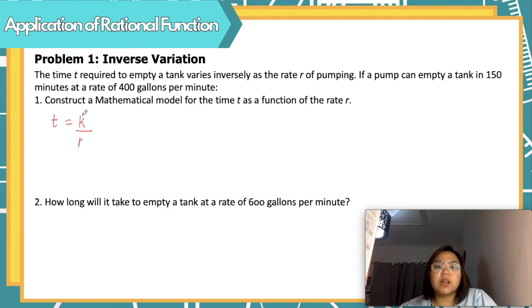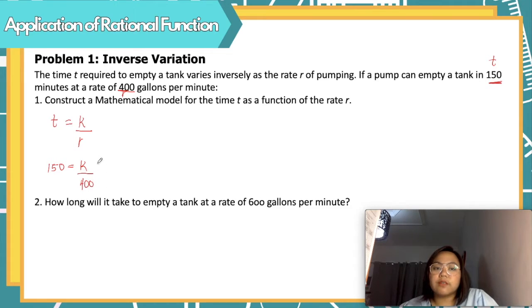So how will we solve for the value of k? By using the given here. If a pump can empty a tank in 150 minutes, this means that 150 minutes is the time and 400 is the rate r. We just have to substitute it here and then we can solve for the value of k. So this will be 150 is equal to k over 400.